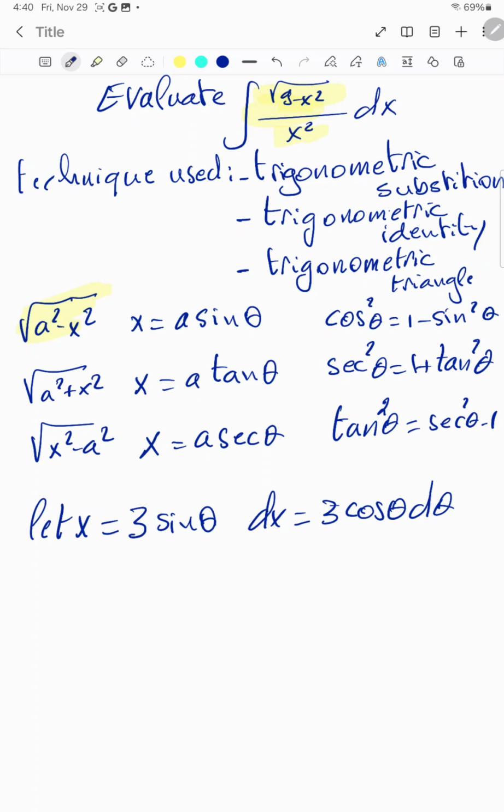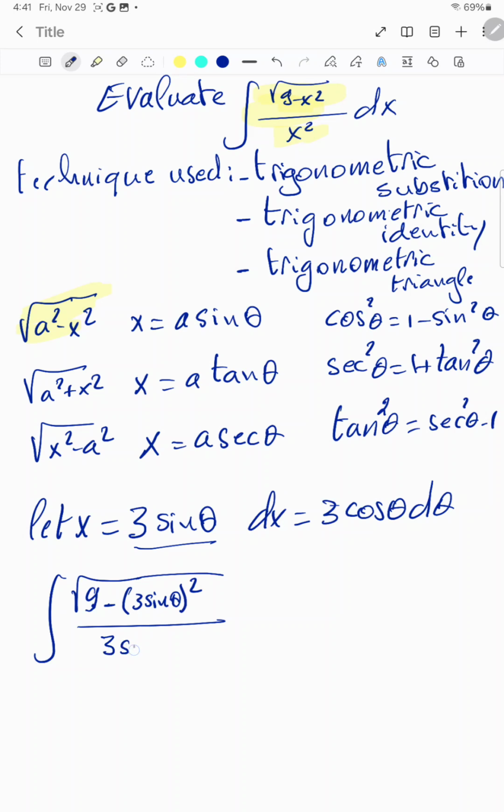So the integral will become the integral of square root of 9 minus x squared, but we said x equals 3 sine of theta, so minus (3 sine of theta) squared, divided by x squared, which is (3 sine of theta) squared, and my dx becomes 3 cosine theta d theta, so multiplied by 3 cosine theta d theta.